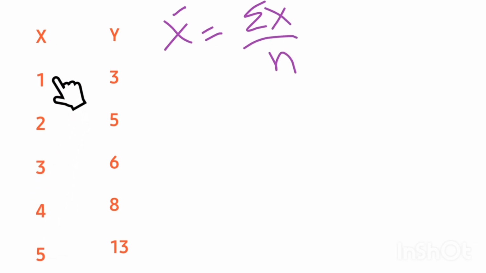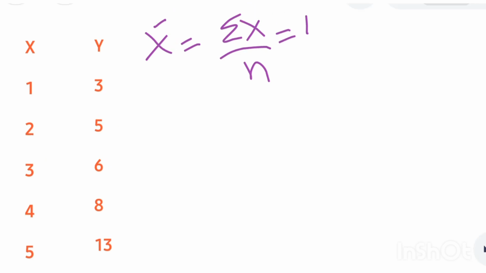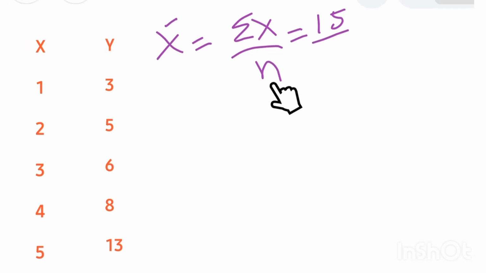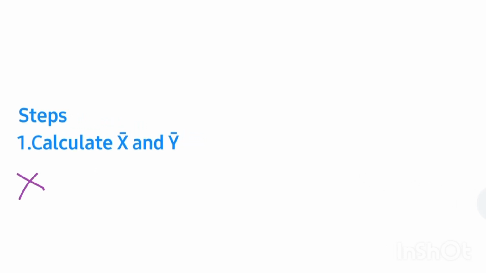And here we go, 1 plus 2 plus 3 plus 4 and lastly plus 5, and that gives us 15 over n, and of course n simply means number of observations, 1 2 3 4 5, so our n value is 5, and so the mean x will be 15 divided by 5, and we have 3 here, so we record that mean x equals 3, right?